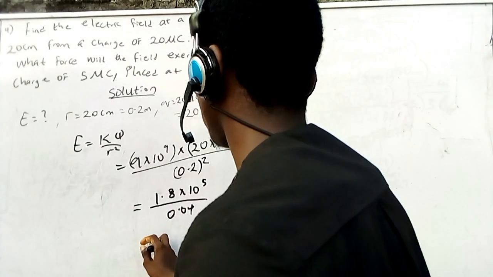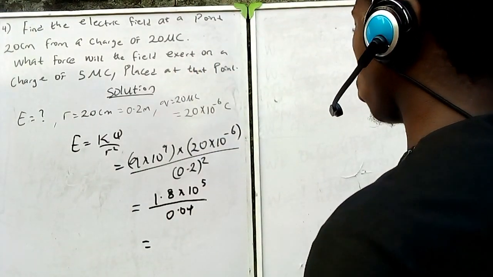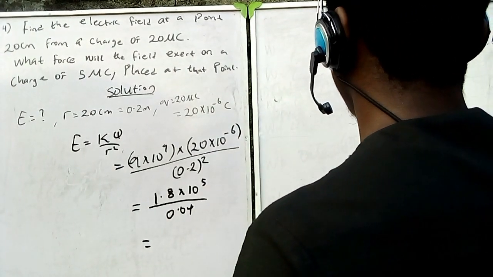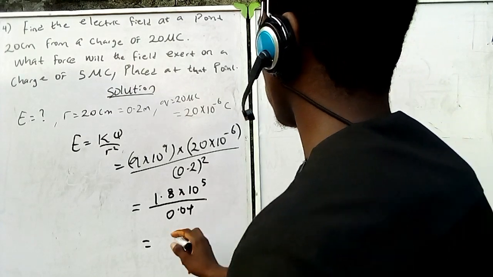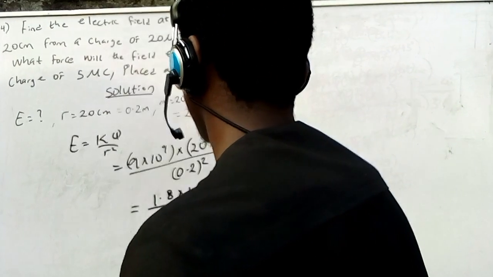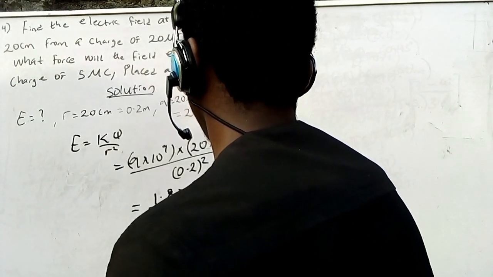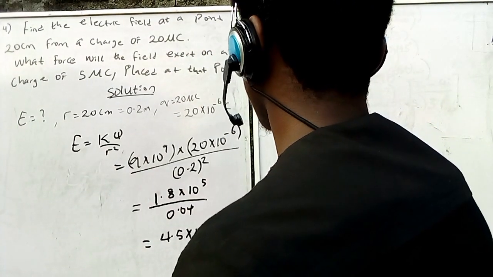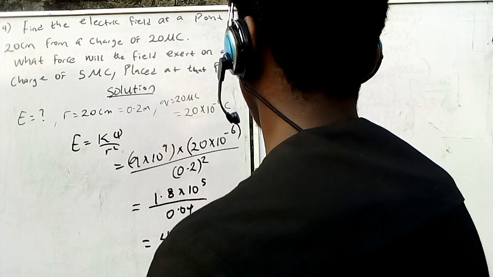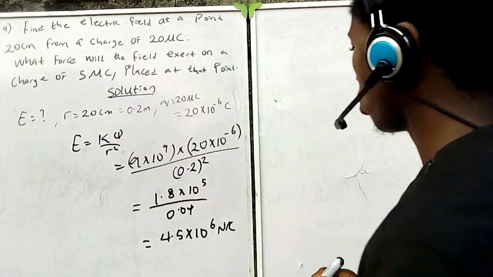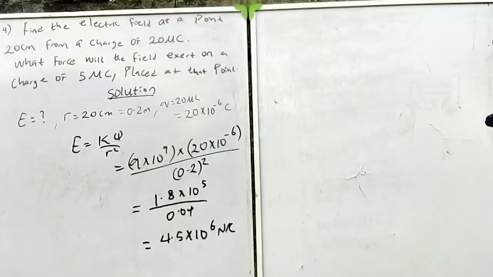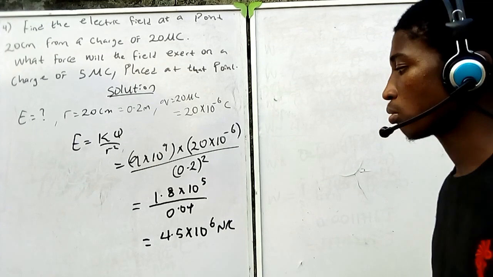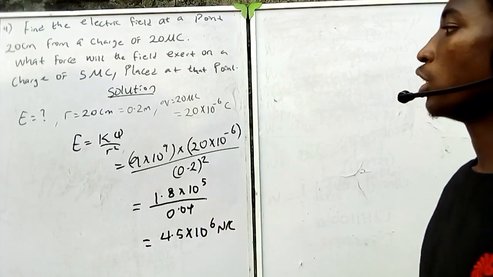And if you divide that, 4 goes into 18, everything will be 4.5 times 10 to the power of 6 Newton per coulomb, right? Yes, I'm correct, right? So that is it for the electric field.